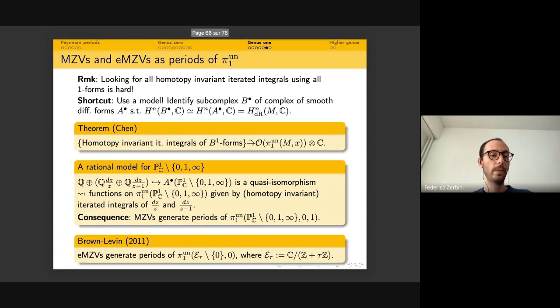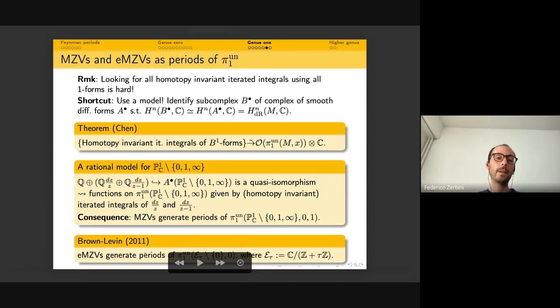And it was proven by Brown and Levin in 2011 that you can construct a rational model for an elliptic curve minus the origin, and compute using this model all the periods of the pro-unipotent completion of this elliptic curve.